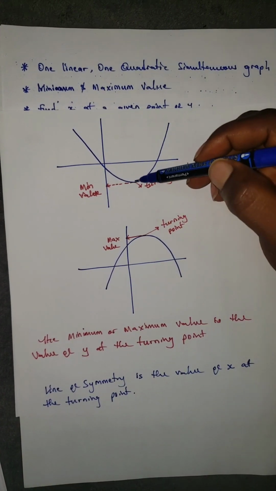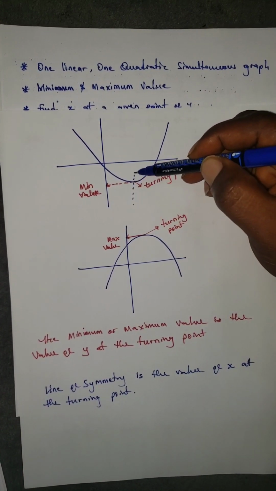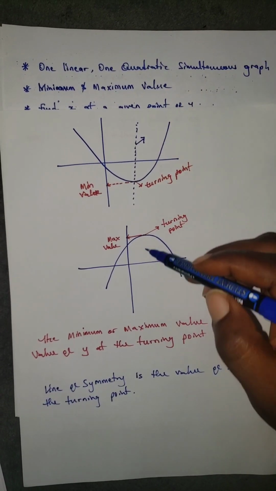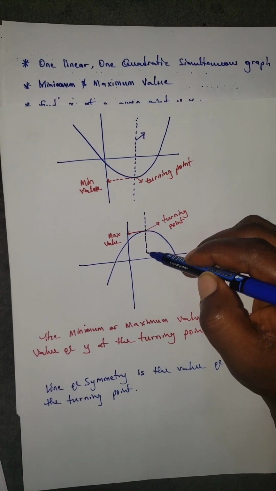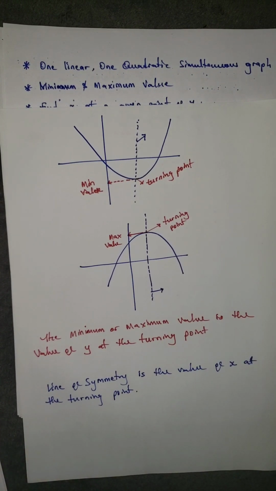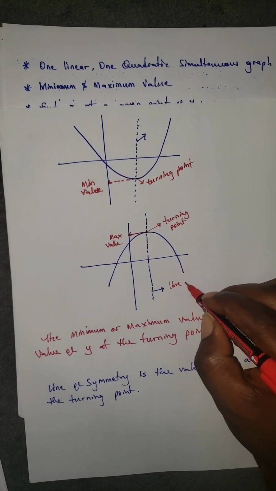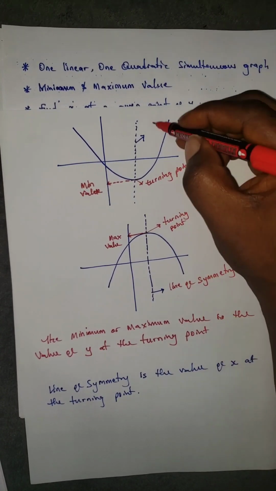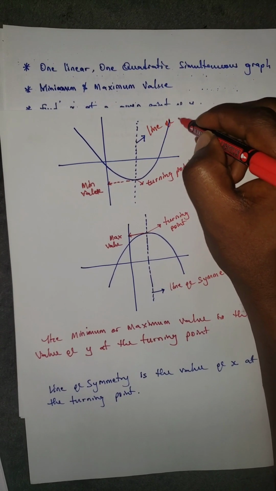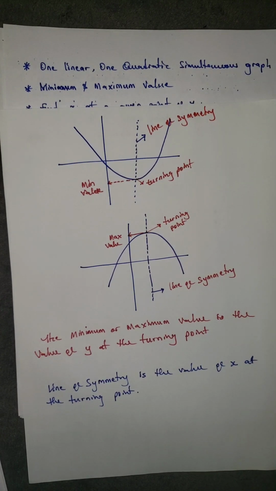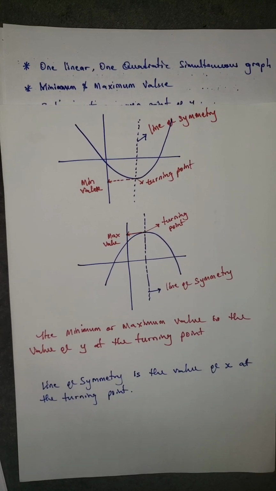So the value of x at this point, you can see the turning point there. So here is your line of symmetry. This one also will give you your line of symmetry. So here is your line of symmetry, and here will also give you your line of symmetry. So that's how to get your line of symmetry, your minimum value and your maximum value.